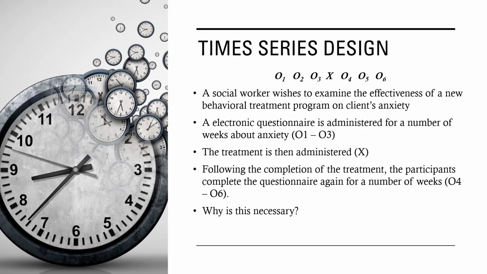So what can happen in a case like this is perhaps a social worker has an electronic version of an anxiety inventory that they administer a number of weeks before they actually conduct the cognitive behavioral therapy. So let's say they have one administration of this survey 3 weeks before, 2 weeks before, 1 week before, followed by the intervention.